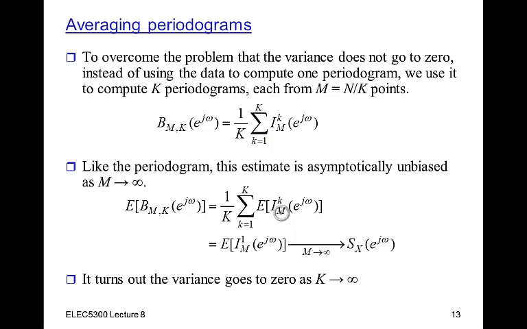Because it's all coming from the same distribution, the expected value for all values of little k is the same. So I can just look at the expected value of the first one and multiply it by k. Then I divide by k so they cancel, and I get the expected value of the first periodogram. But I know that as m goes to infinity, this goes to the power spectral density.